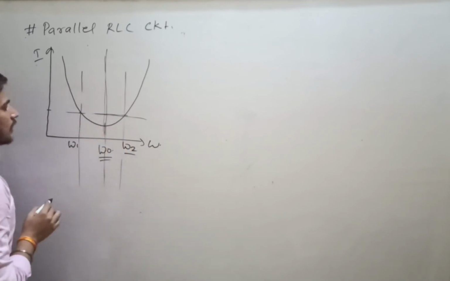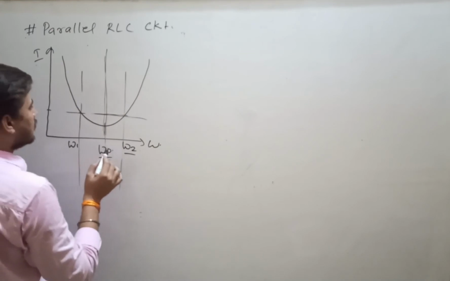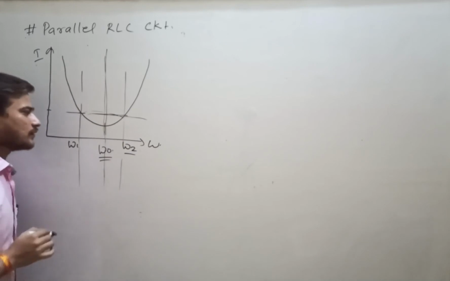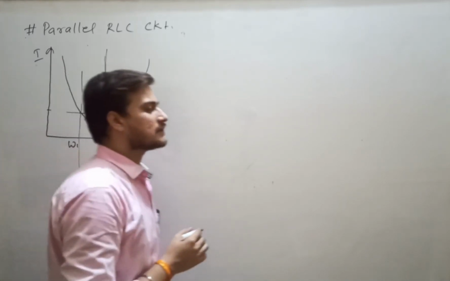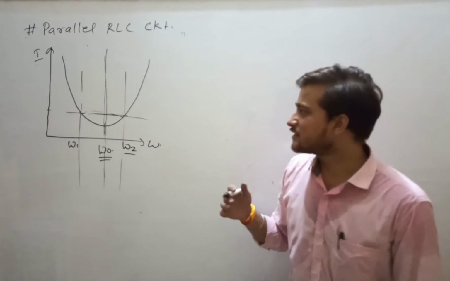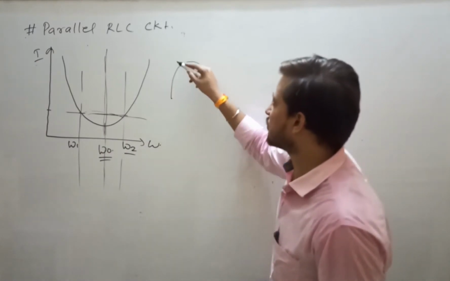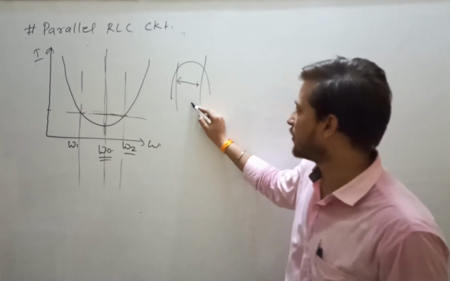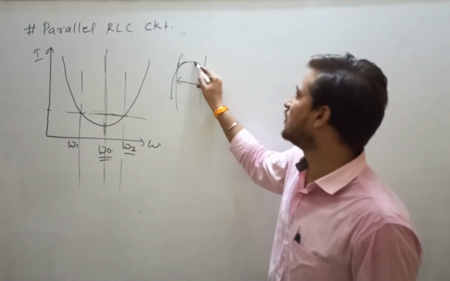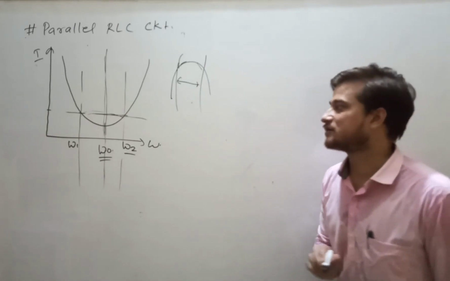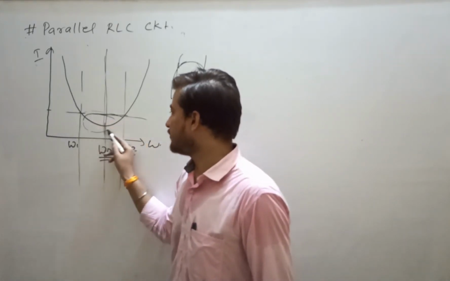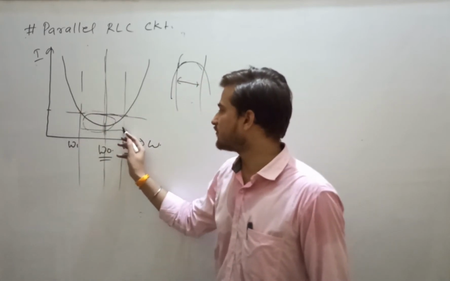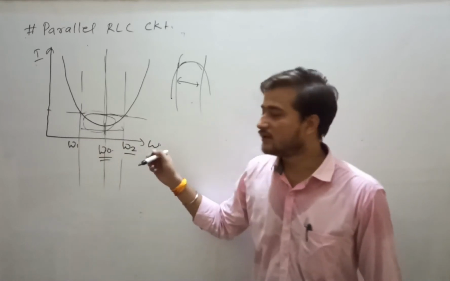So here what do you see? You see that this circuit is going to reject some range of frequencies. In the previous circuit the curve was just like this one. That means the range of frequency lying between omega 1 and omega 2 was being passed. But here this signal is being rejected. These signals will be passed, and if the frequency falls between omega 1 to omega 2, the signal will be rejected.